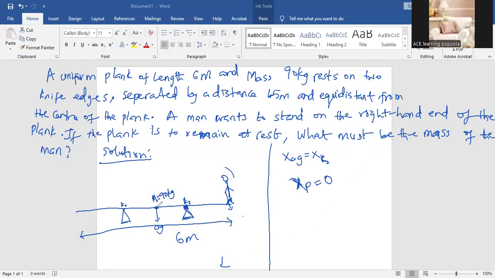Here, at this point, the center of gravity acts downward. It does not create any motion, because the center of gravity of the plank is at the center.